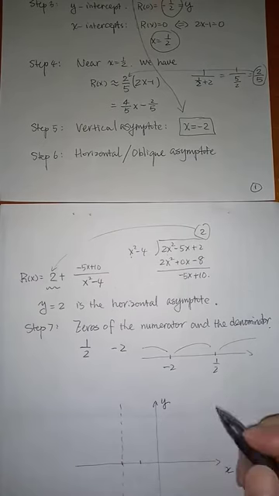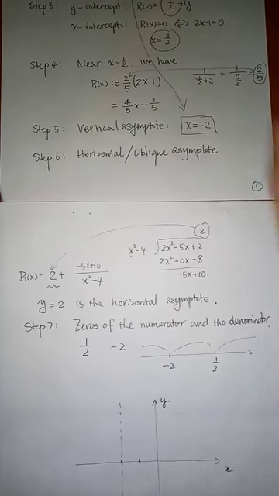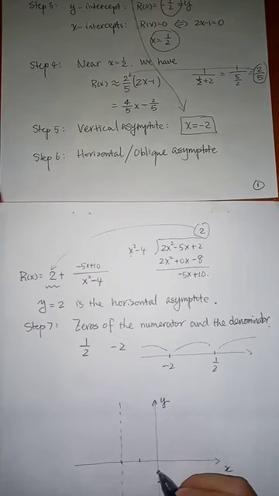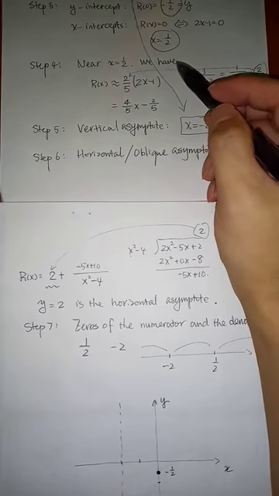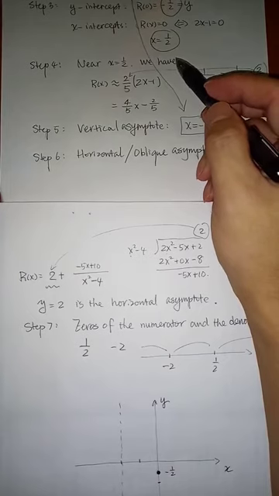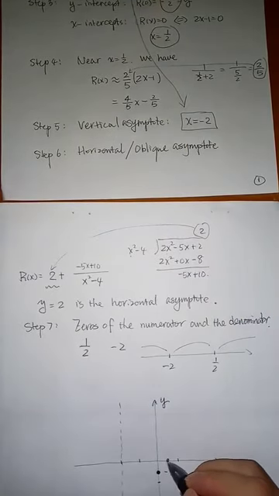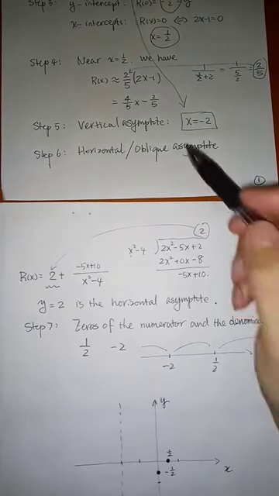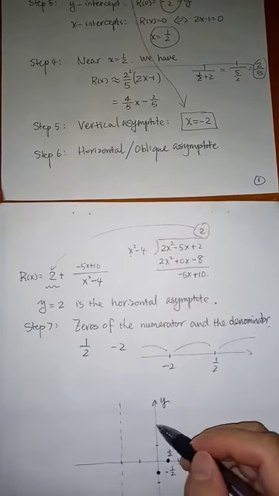The y-intercept is negative 1/2, a point on the graph. The x-intercept is 1/2. And the horizontal asymptote is y equal to 2.